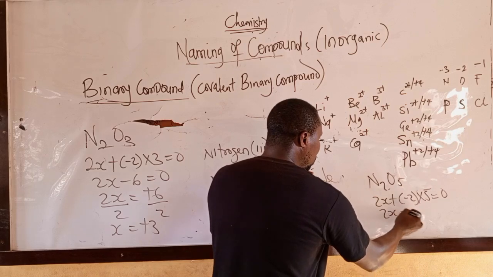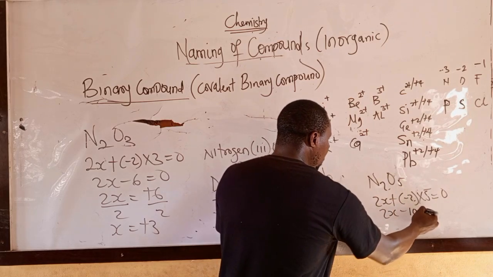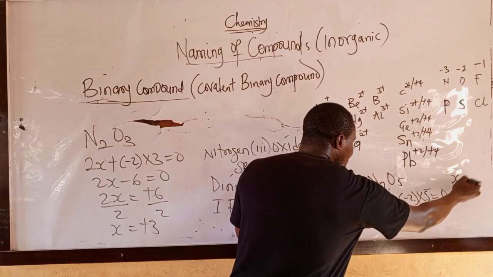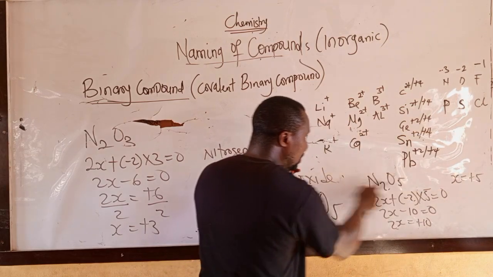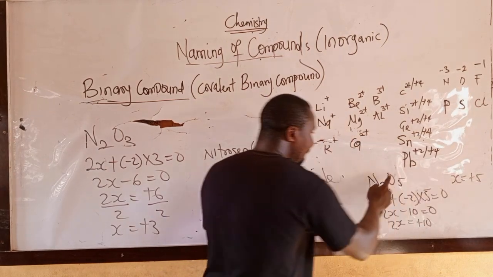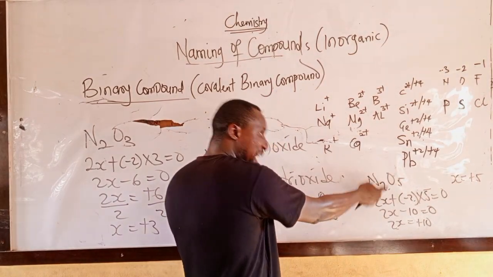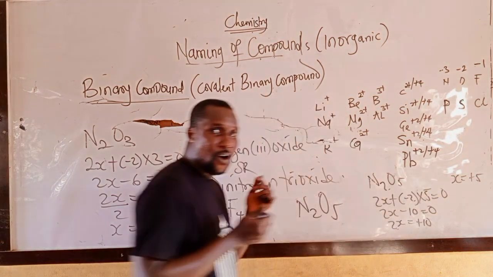You have 2x minus 10 equal to 0. 2x equals plus 10. You have x equal to plus 5. Therefore, it's nitrogen 5 oxide, or dinitrogen pentaoxide.